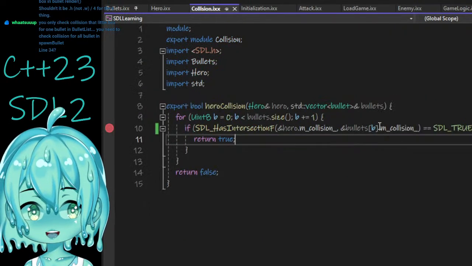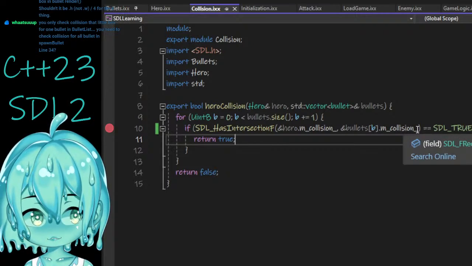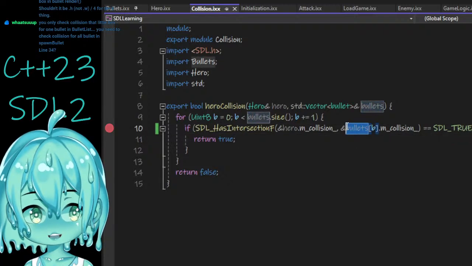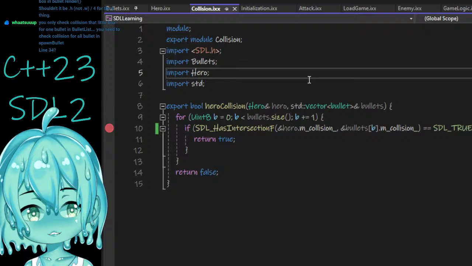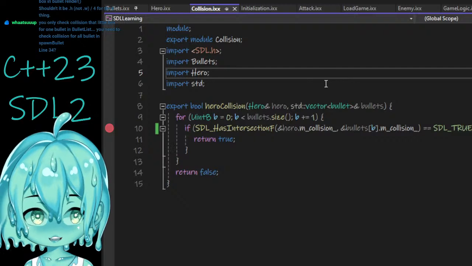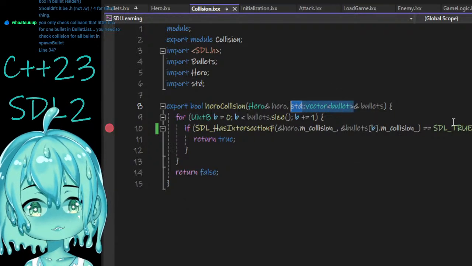Oh, wait, I know what it is. We're not checking for the vector of bullets. We're checking for the vector. Are we? Let me think.